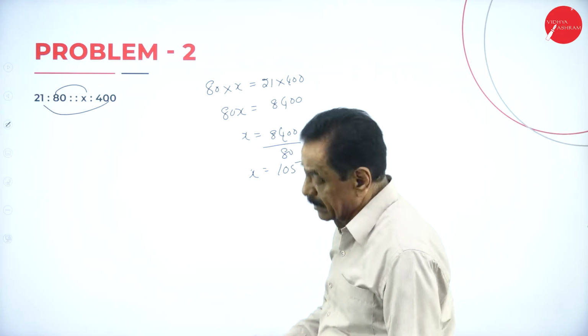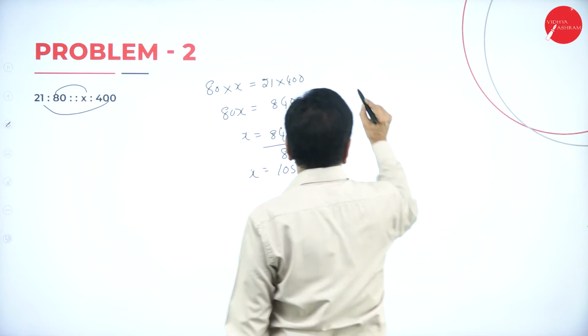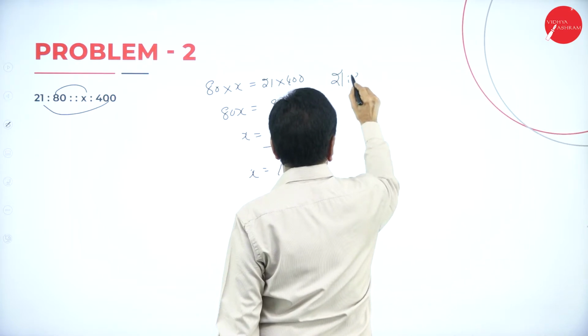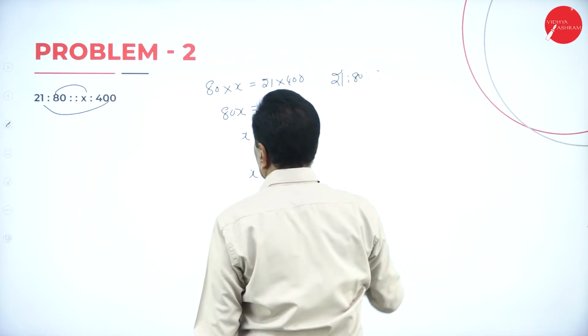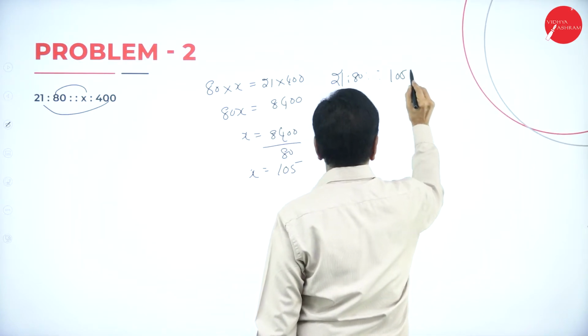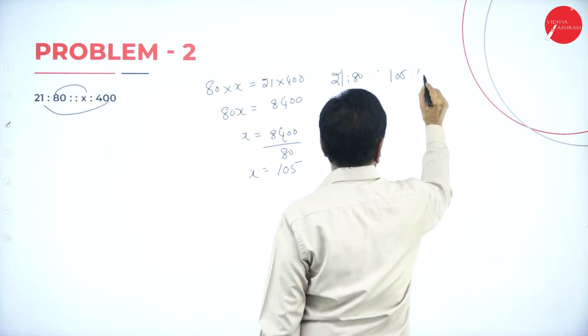So here the numbers are 21 is to 80 is to, what's your x value? 105 is to 400.